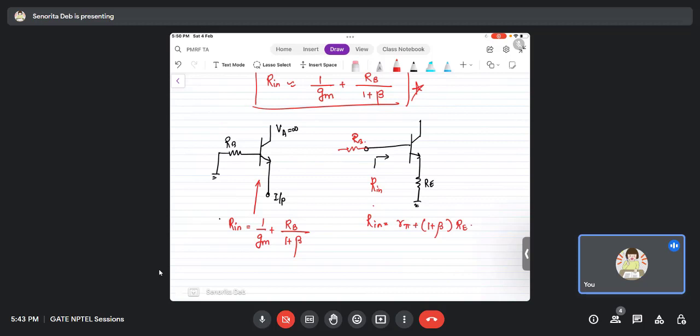And you have to see Rin in front here. So this is what the difference is. So CE has higher input impedance than CB. So this is one conclusion that we can draw, and this is for remembrance. Okay, you should remember this.